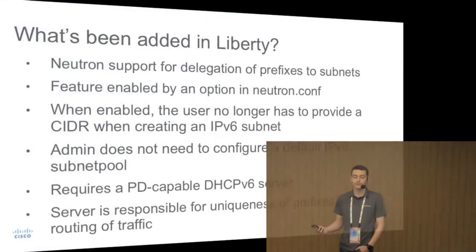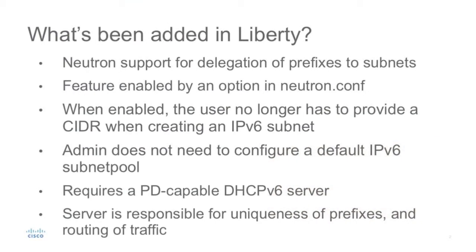So what's gone into Liberty this cycle? This is something we've been working on for the last almost 12 months or so, I'd say. And in Liberty, what we've managed to get in is prefix delegation support for automatic assignment of subnets to your tenants. So with this feature enabled, when your tenants create an IPv6 subnet, they no longer need to provide a CIDR.